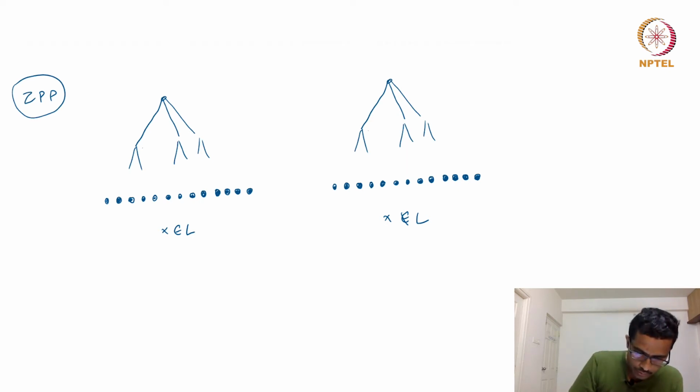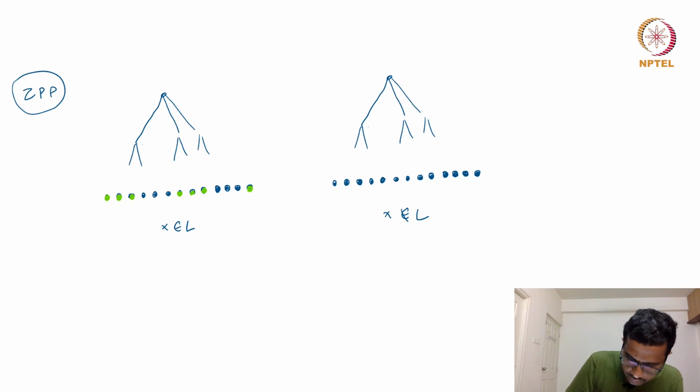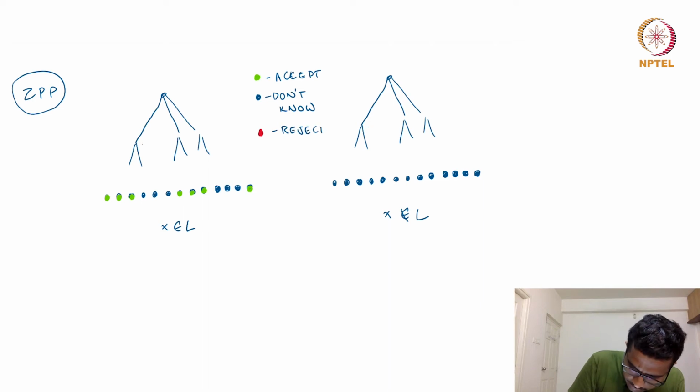Green will denote yes and red will denote no as before, but let's say blue denotes don't know, for both of these figures. Green denotes yes or accept, and red denotes no or reject.